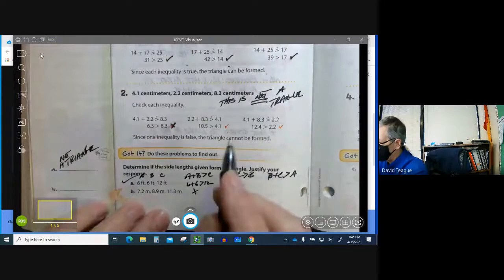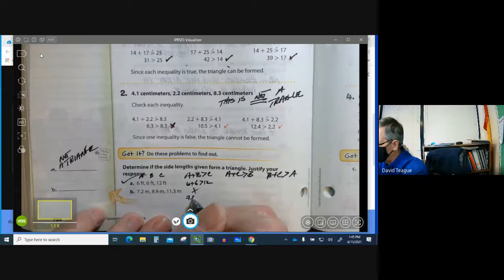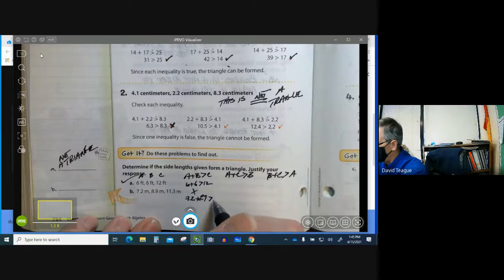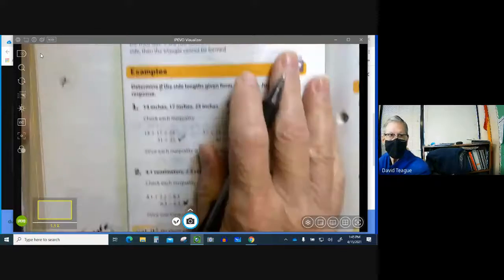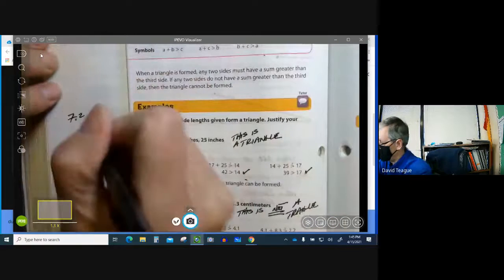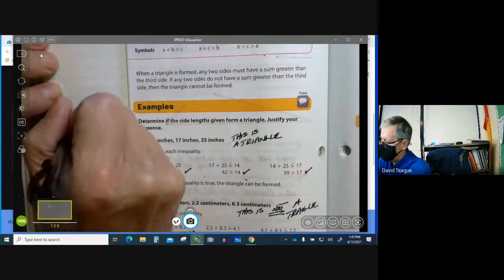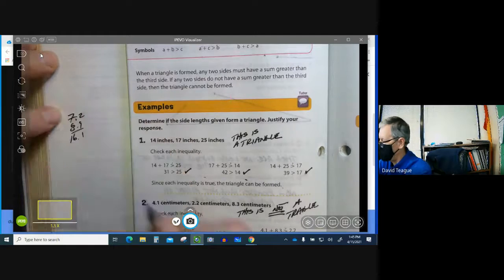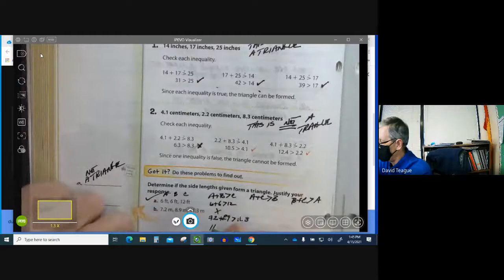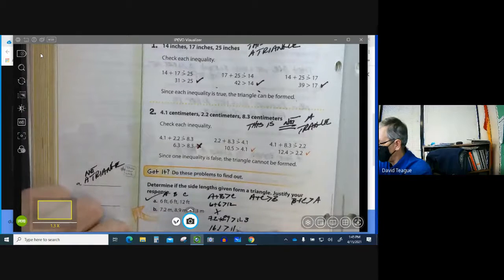Okay, so let's try this. The first one is 7.2 plus 8.9 is greater than 11.3. So let's see, 7.2 plus 8.9 is 16.1. So 16.1 is greater than 11.3. Yes, that's true.